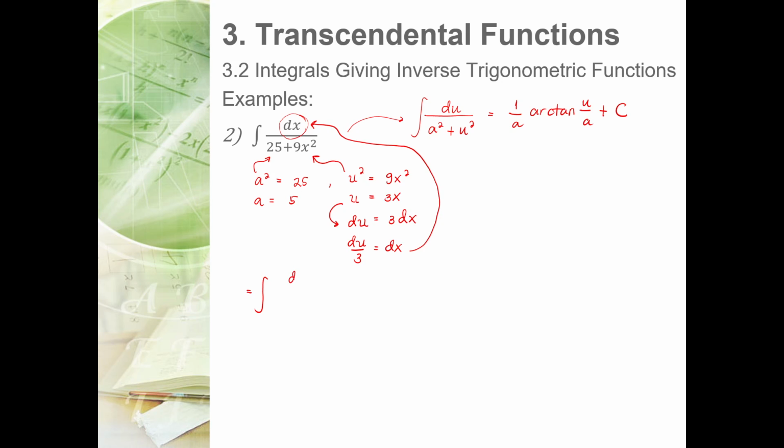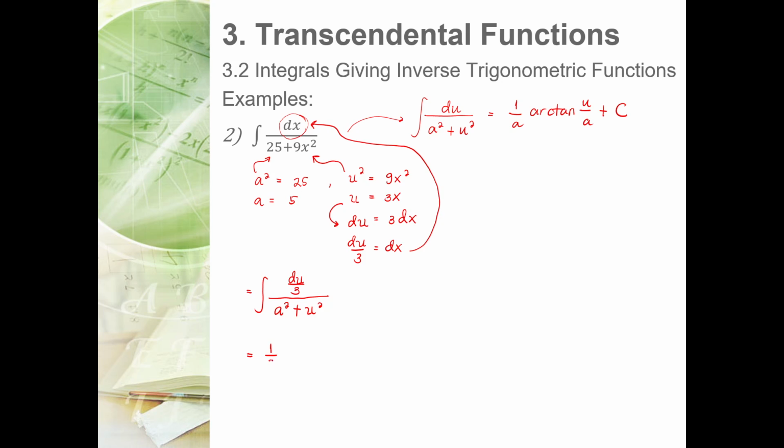By replacing, we have du all over 3 all over a squared plus u squared.